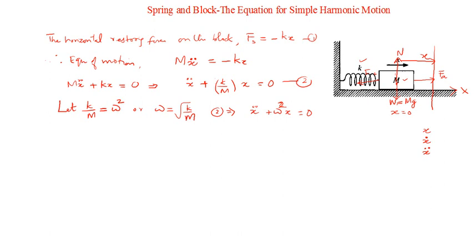If you write it in ordinary symbols, x double dot is nothing but acceleration, so it can be written as d square x by dt square plus omega square x equal to 0. This represents a differential equation, and it's a second order differential equation.